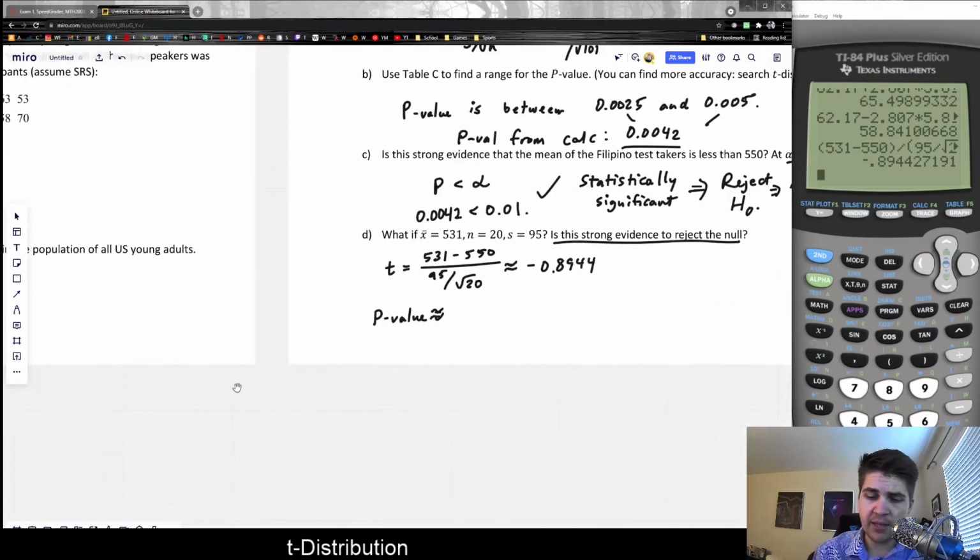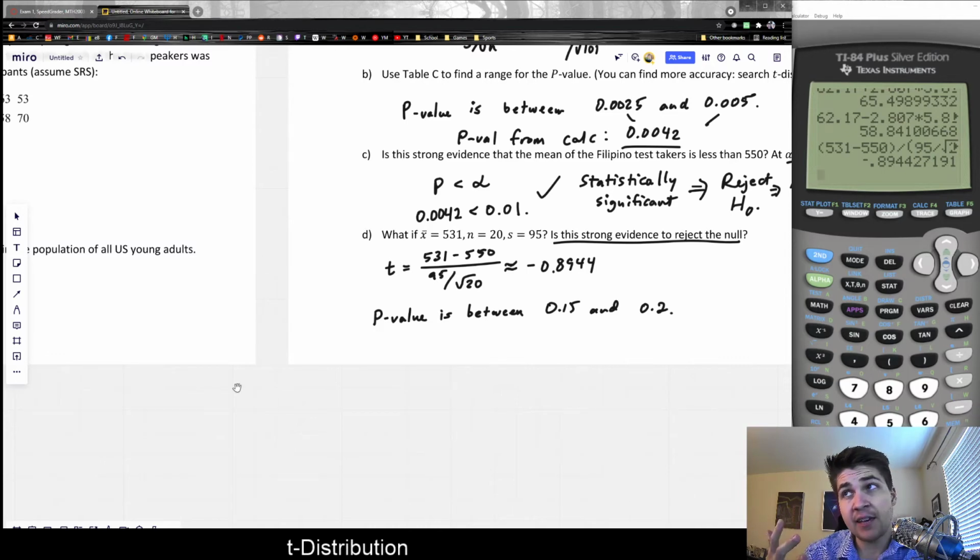So p-value, we don't know exactly just from looking at a table, but we know a range. So we could say that p-value is between 0.15 and 0.2.